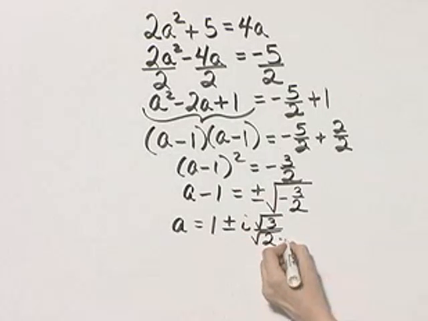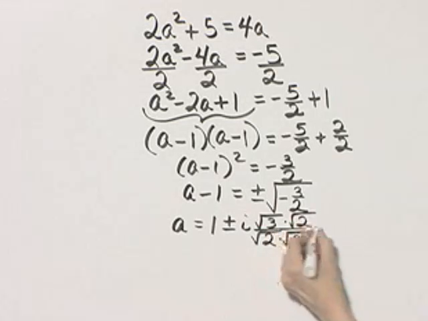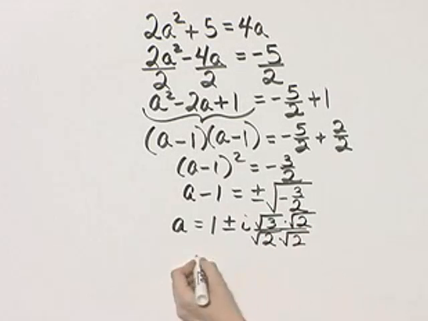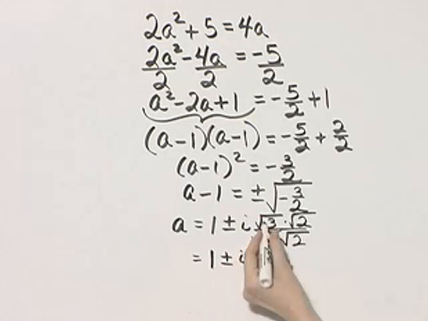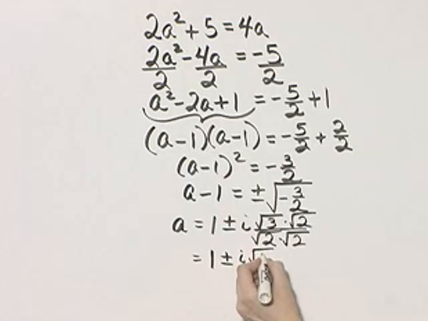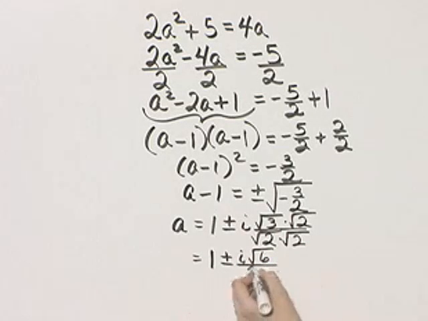I'll multiply the numerator and denominator by the square root of 2. So what do I have? I have 1 plus or minus i. In the numerator, that's the square root of 6. In the denominator, square root of 2 times square root of 2 is 2.